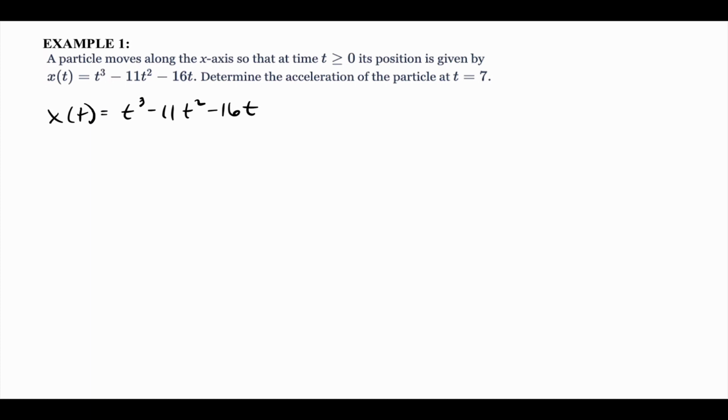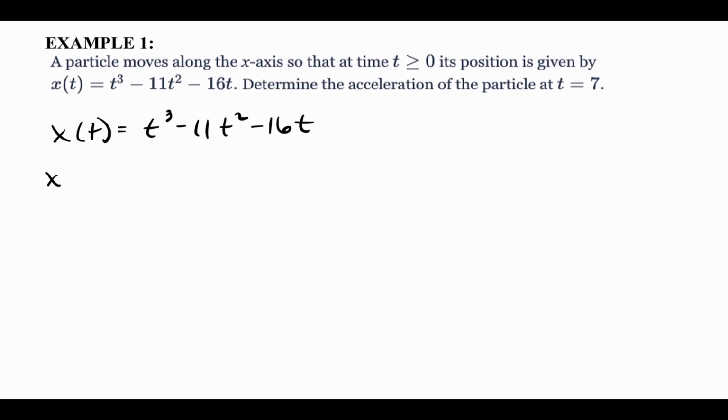Okay, so the first derivative is going to be 3t squared minus 22t minus 16.